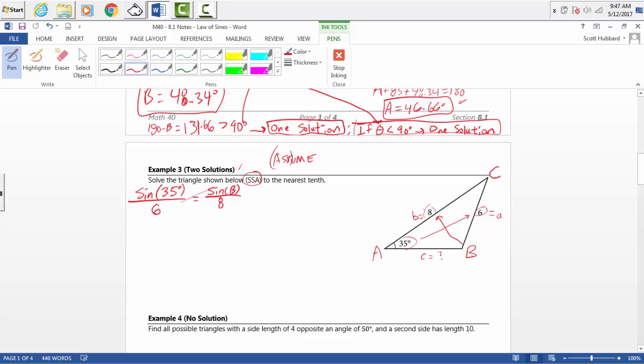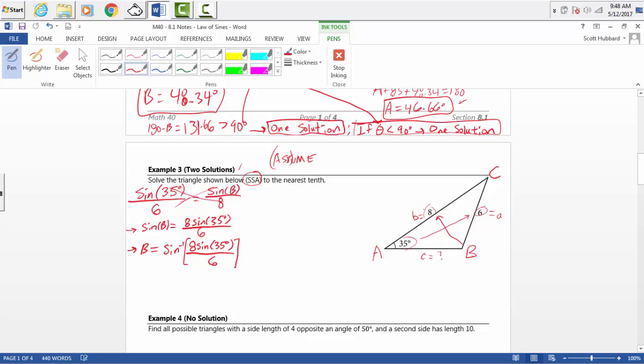Then you cross multiply and you get sine of B is equal to 8 sine 35 divided by 6, and then you just take sine inverse, so you have B equals sine inverse of 8 sine 35 divided by 6.